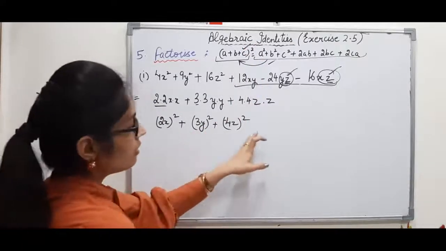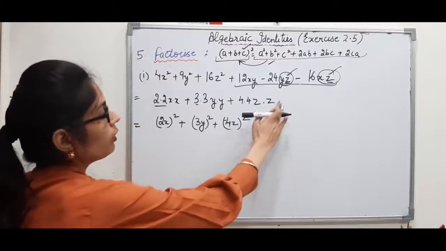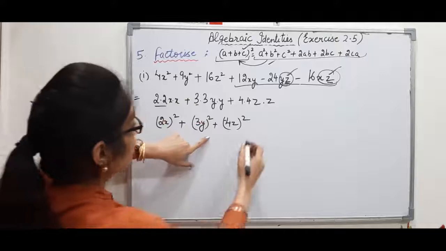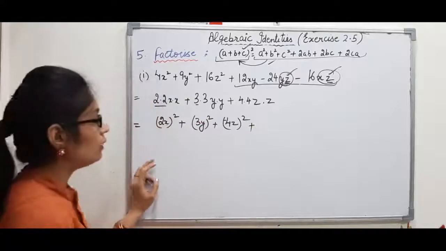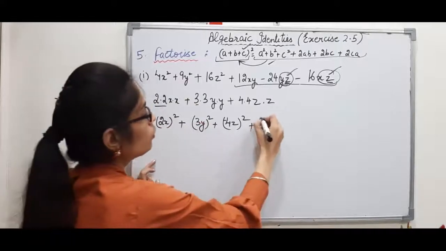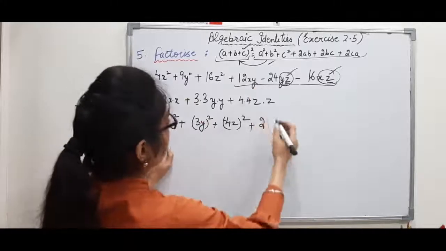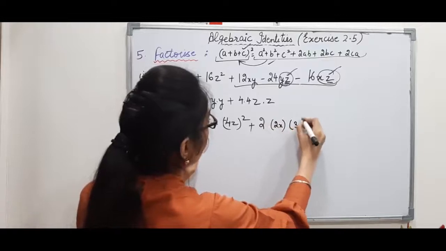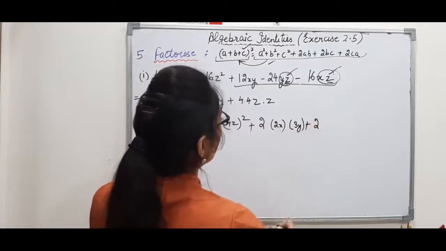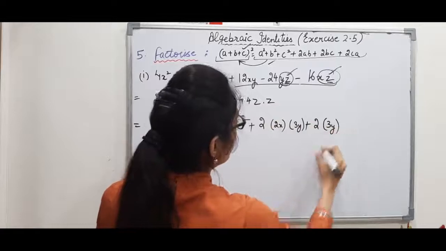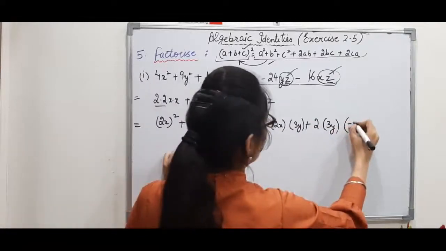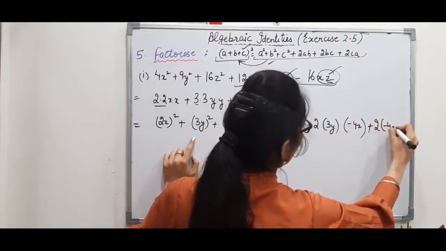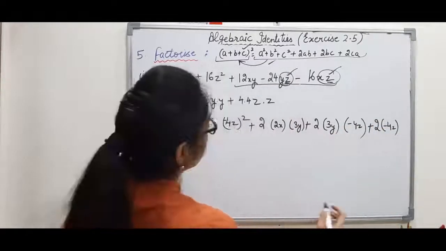Now with these terms also, if you want, you can expand directly. Because now I know the values of a, b and c, I can write: 2 into a into b is 2x into 3y, plus 2 into bc is 3y into minus 4z, plus 2 into ca is minus 4z into 2x.